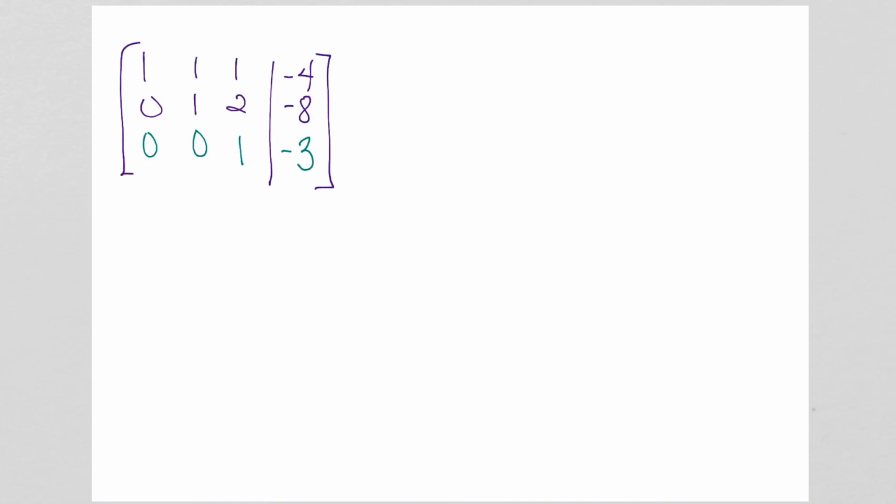There we go. Okay. So in row 1, we have x plus y plus z equals -4. In row 2, we have y plus 2z equals -8. And in row 3, we have z equals -3.